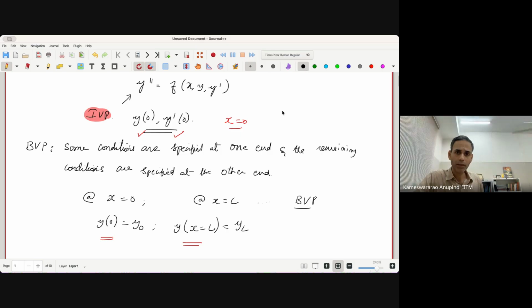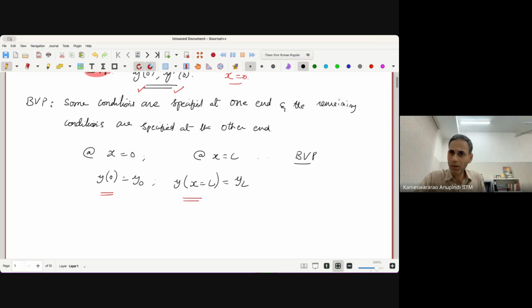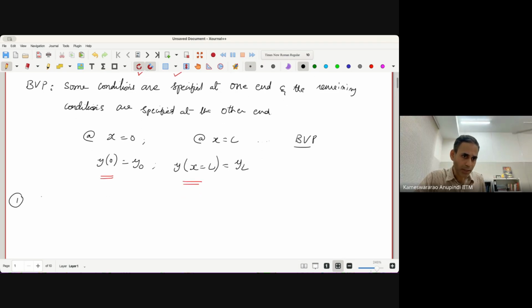Now these kinds of boundary value problems can be solved using a couple of different approaches. The first one is known as the shooting method.